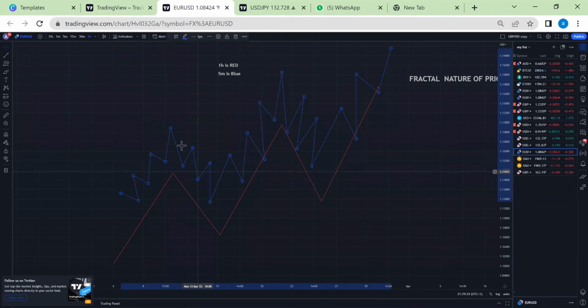Now on this 5 minutes, which is the blue line, this is like a downtrend, but you will not expect this downtrend to continue for long, because you know that it's just an internal structure inside 1 hour. If you are looking at it from the bigger time frame, it is still an uptrend. So you will not fall for this.